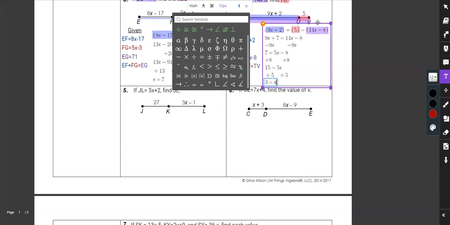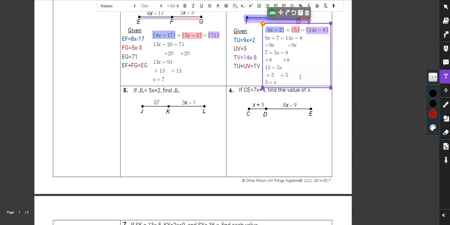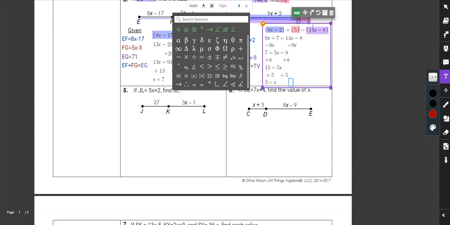So what we need to do is go ahead and substitute 3 in for the expression 9x. So we have our TU equals, and that's going to be 9 times 3 plus 7.